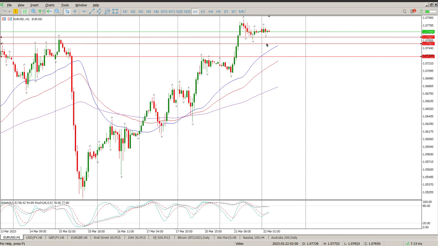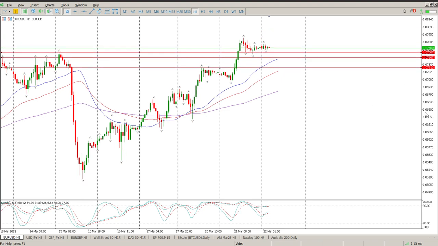So what you're looking for is either a retest of 107.507, or you're looking for a break of this little range. So you're looking for a break and retest of 107.772, and your stop is going to be just below here.